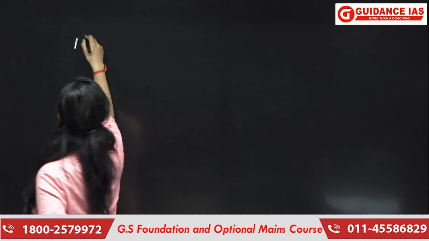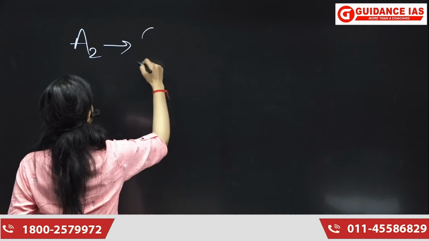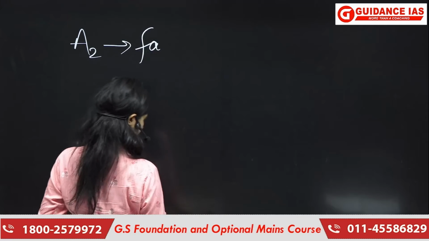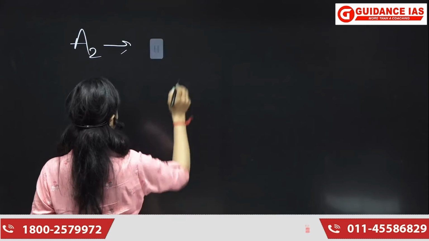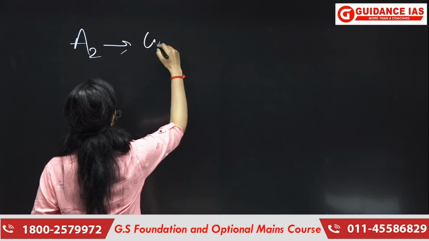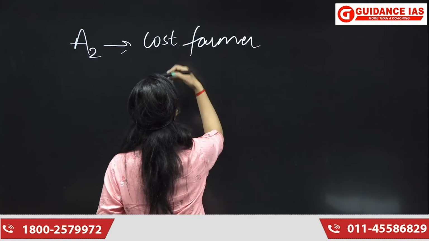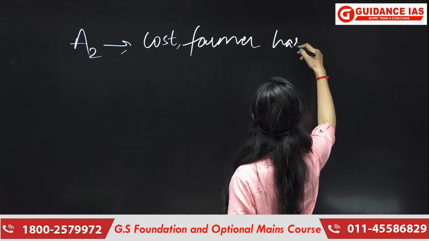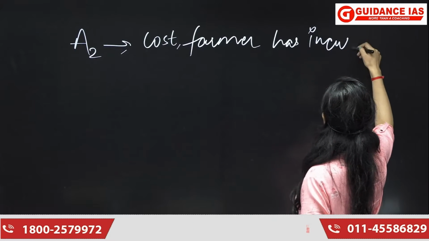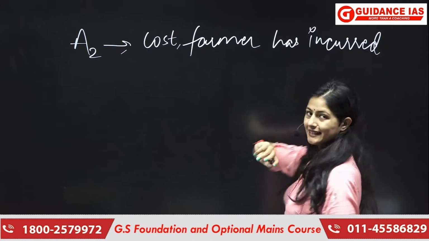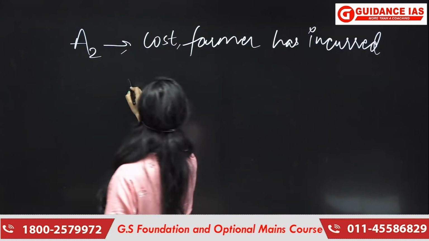Okay, so A2 would be the cost which farmer has incurred while buying what all things?